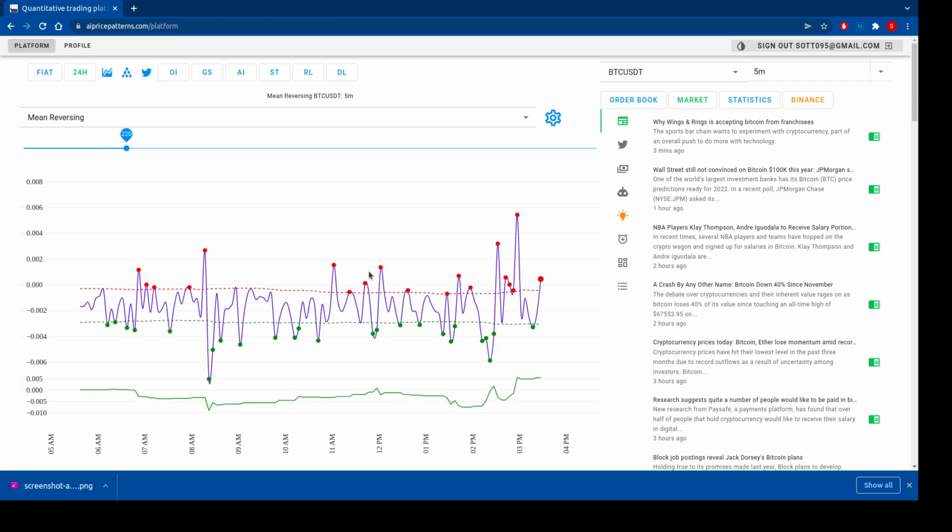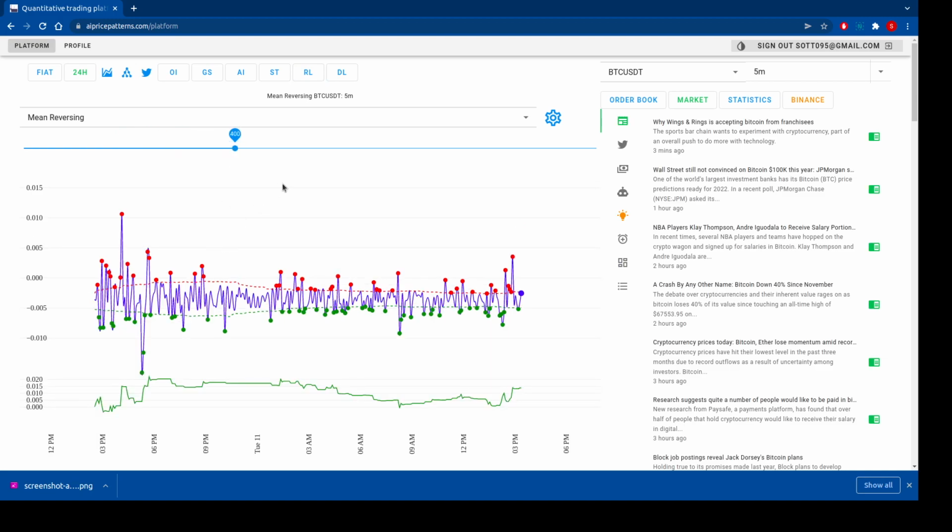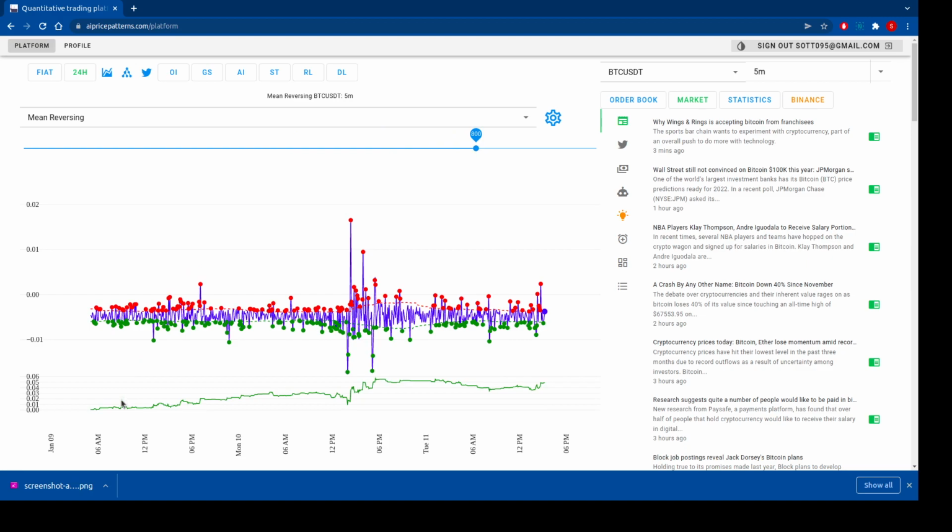When we have a support line and resistance line, and we have some dependency when the market deviates by more than, for example, 1 sigma, it would be a great opportunity to buy.